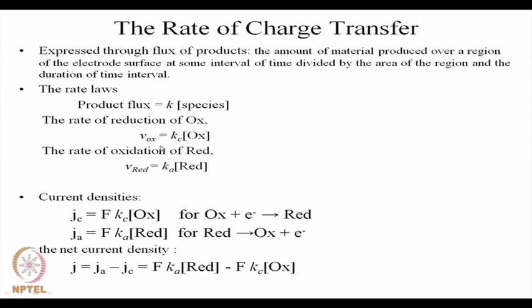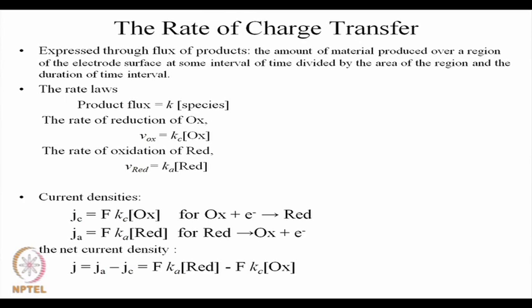Now, let us look at the rate of charge transfer. Now, rate of charge transfer, it is expressed through flux of products and the amount of material produced over a region of electrode surface at some interval of time divided by the area of the region and the duration of the time interval.